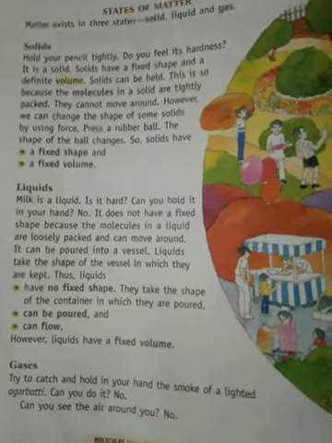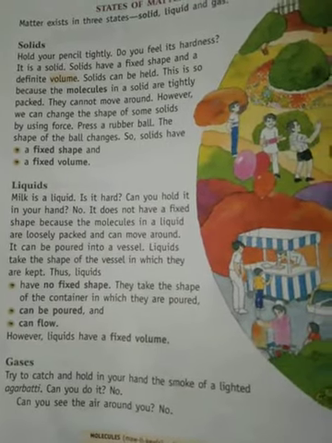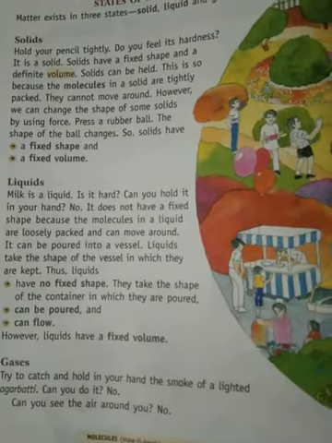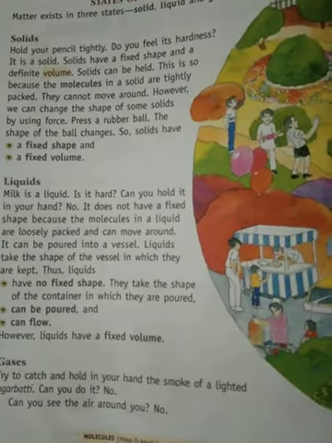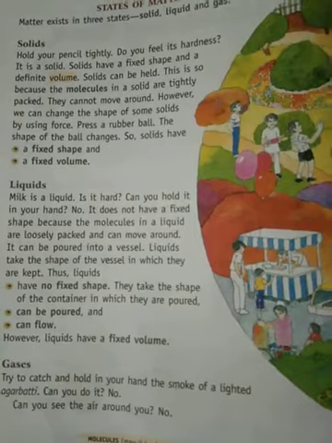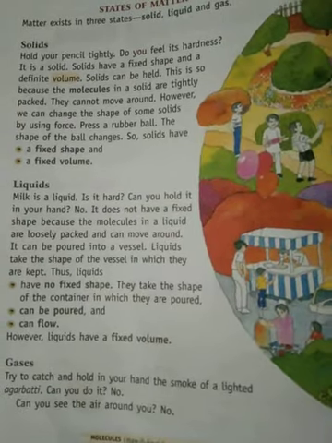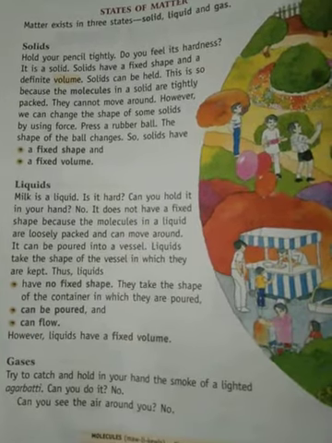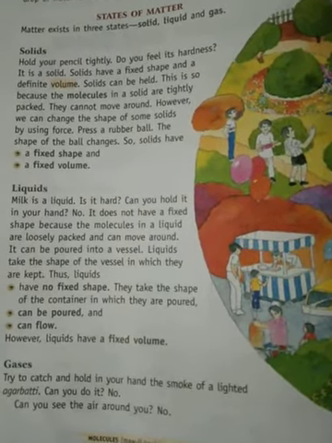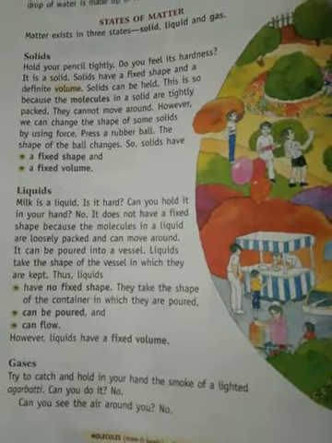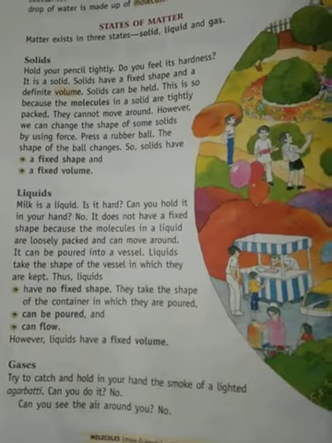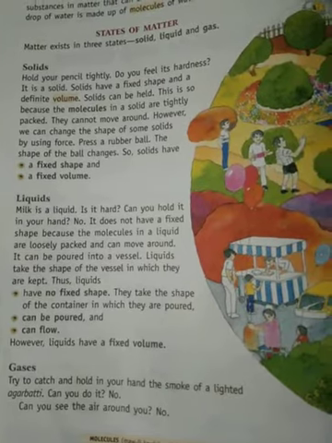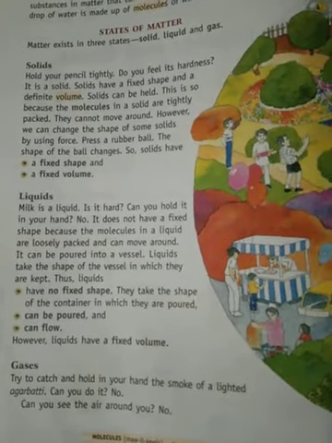But if it provides some kind of resistance, or if you feel some kind of hardness up to some extent, we can say that this object is a solid. See, solid has some characteristics also. These characteristics are: solids have a fixed shape and a definite volume.